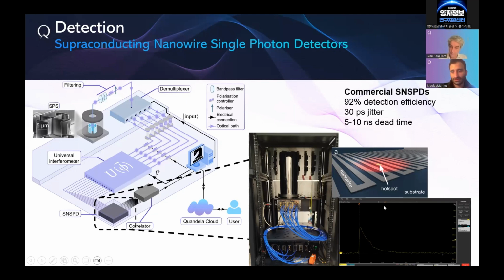These are great systems. They are commercially available with extremely high detection efficiencies, above 90%, and really low jitter, so you can detect with in the order of 30 picosecond resolution. And so we have 12 of them at the output of Scala.